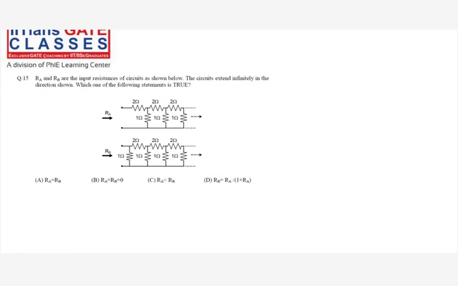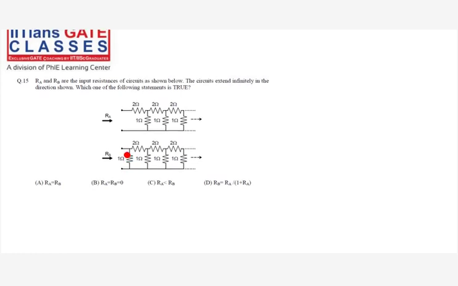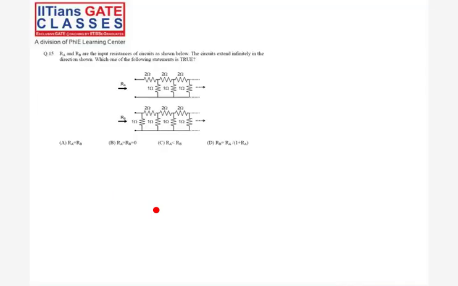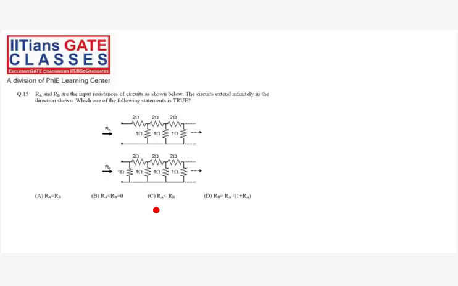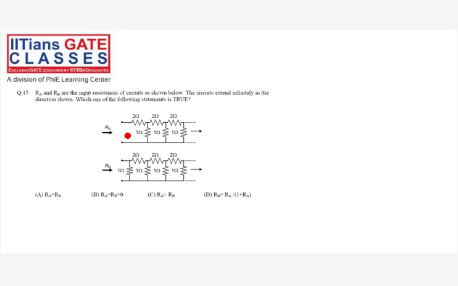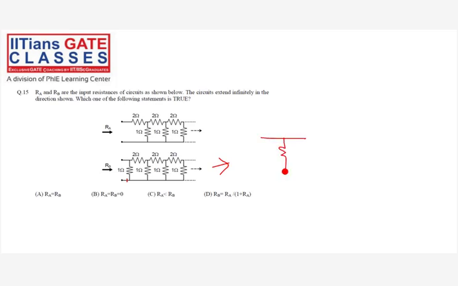If you closely observe it, I can write this something like this. This is my 1 ohm, this is RB, and this is nothing but your RA. So this entire thing can be replaced with RA, because RA is nothing but this. So now, RB is RA parallel with 1, which is RA by 1 plus RA.